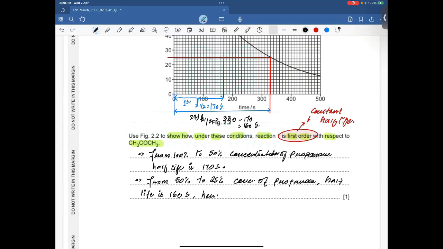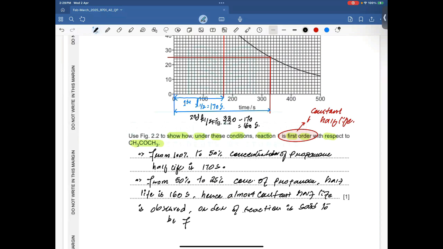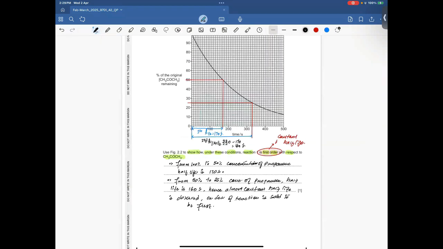Hence almost constant half-life is observed. The order of reaction is said to be 1. It is said to be first order. All right.